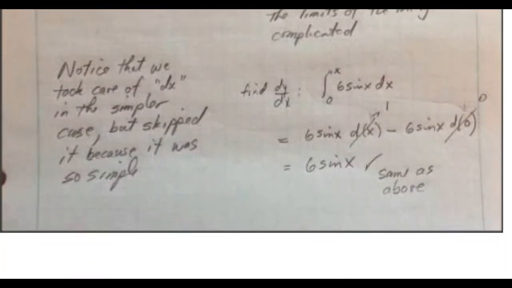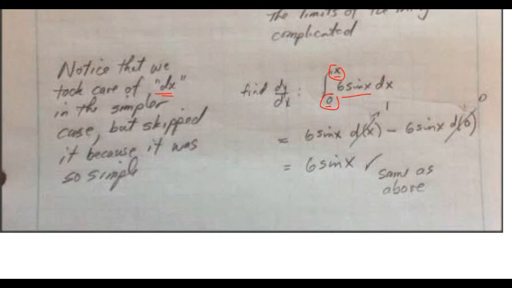You'll notice that in the first one that was really easy, we could have paid attention to the dx part there too. We talked about this before. We still do it, it's just that it was so easy that we skipped over it. But let's do it here to show you. If we did the same one, find dy dx for 6 sine x going from 0 to x, then we say 6 sine x dx, but in this case we put an x in for the dx, minus 6 sine x d0, because we're putting the 0 in here.